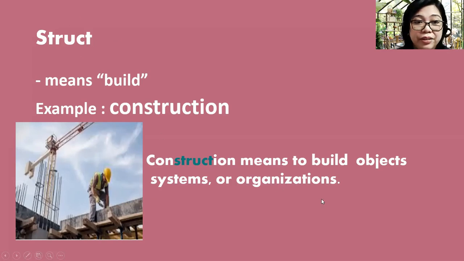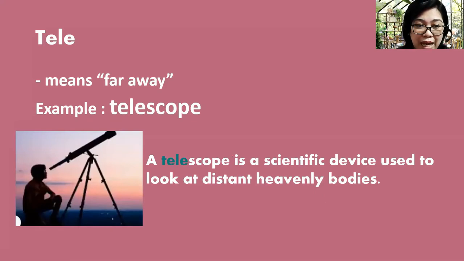Okay, another, we have the root word tele. This is very often used, right? Very often you're gonna hear this one. So there's telephone, telescope, television, right? So this root word means far away. Here is a telescope.